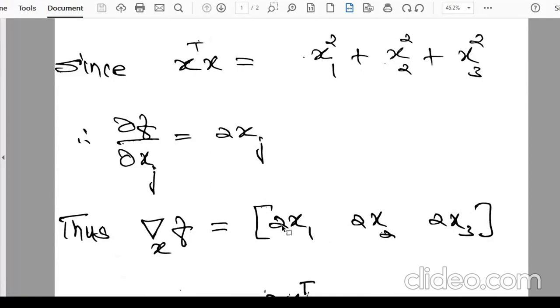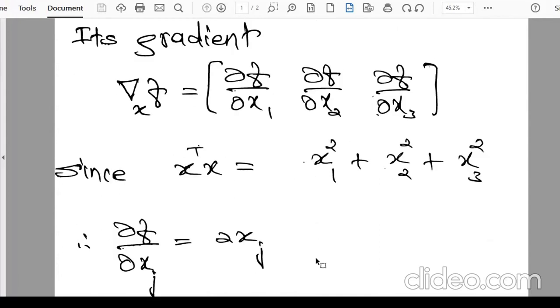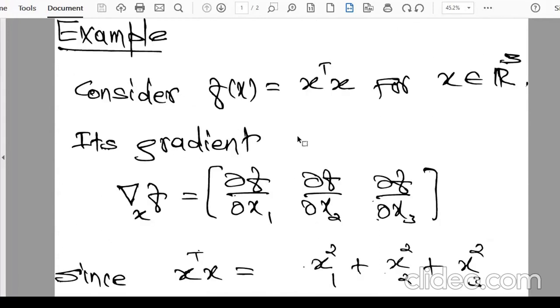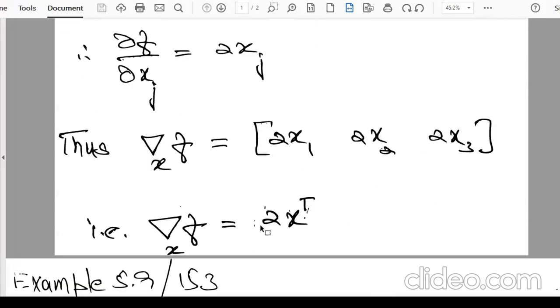We can take 2 common outside, and then I'm left with the row matrix x1, x2, x3, which is the transpose of this vector x. So for any dimensional vector, it could be 3, 4, 5, 6, if I calculate the gradient of the self dot product, it is going to be equal to 2x transpose irrespective of the dimensions.